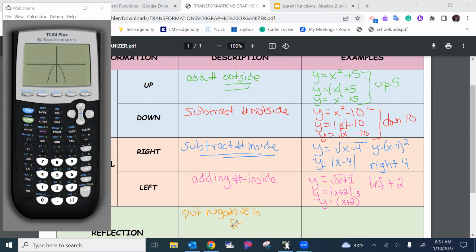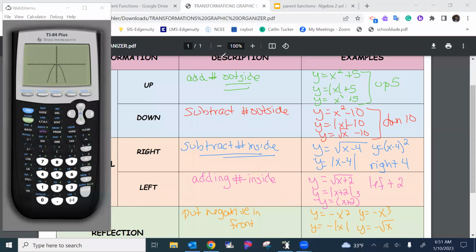So you could have y equals a negative x squared, y equals a negative absolute value of x, y equals a negative x to the third, y equals negative square root of x, okay?